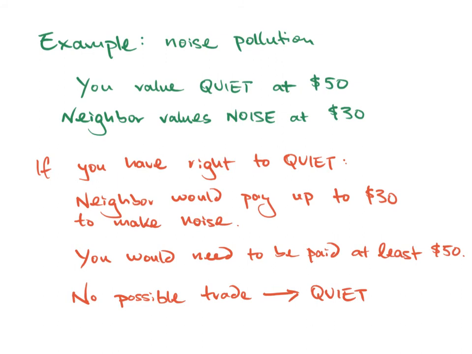If it's easy for groups to come together and trade, then the Coase theorem can solve the problem and reach the efficient way or the socially optimal way to provide the externality or not do the externality.